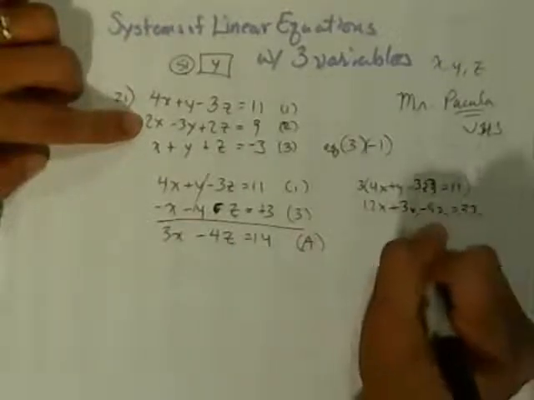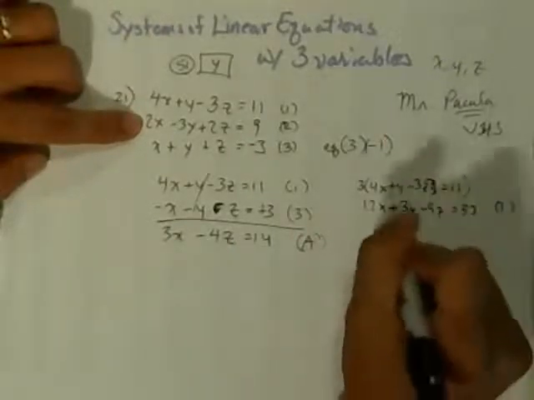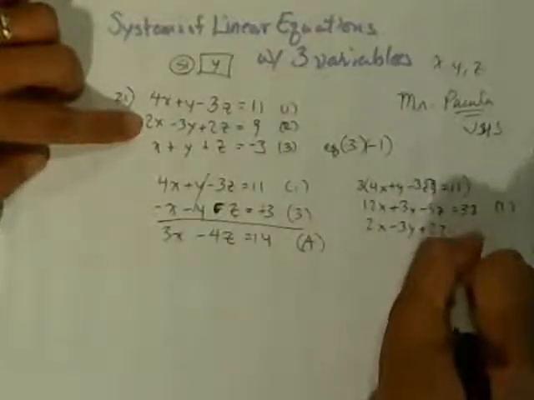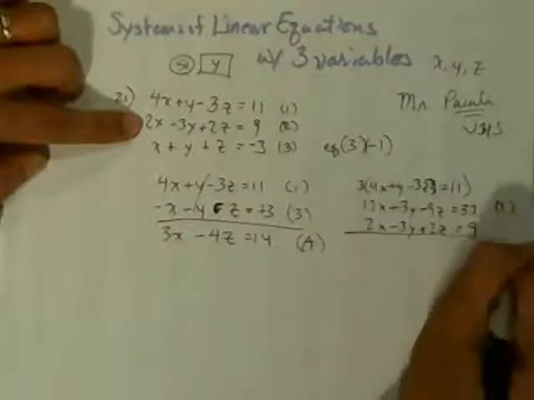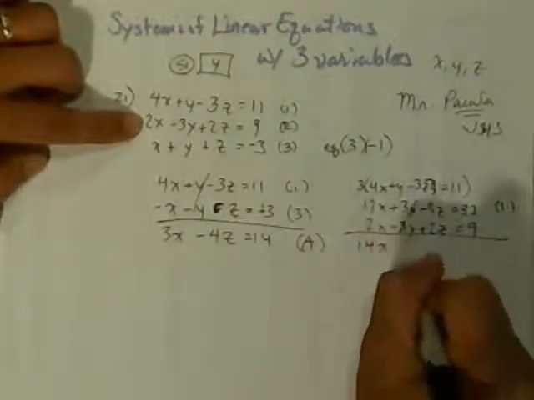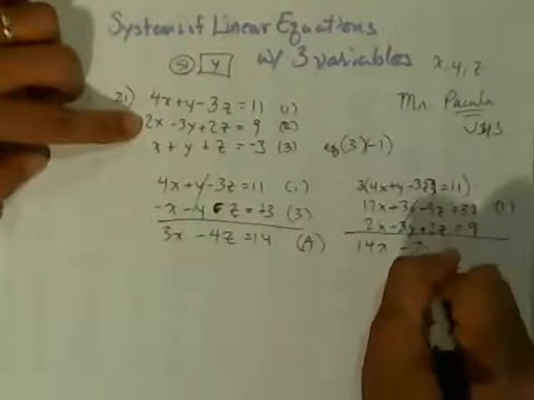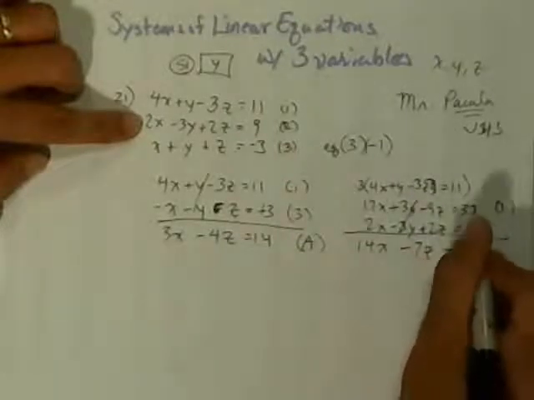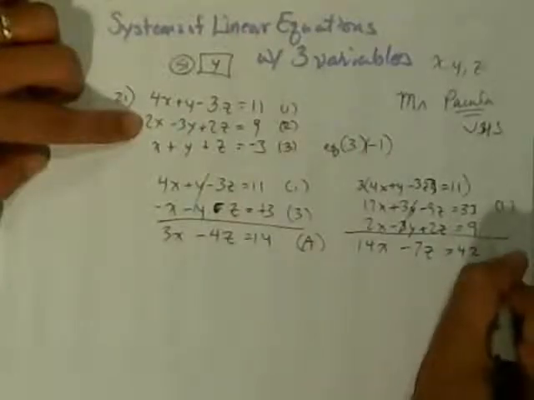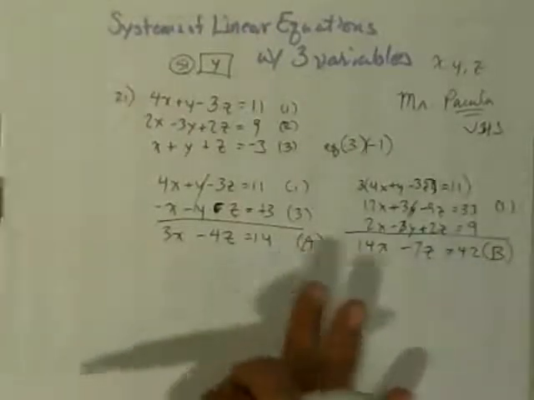And the second equation, 2x minus 3y plus 2z is equal to 9. I'm just going to add those up. You get 14x minus 7z is equal to 33 plus 9, which is 42. I'm going to call this equation B now.